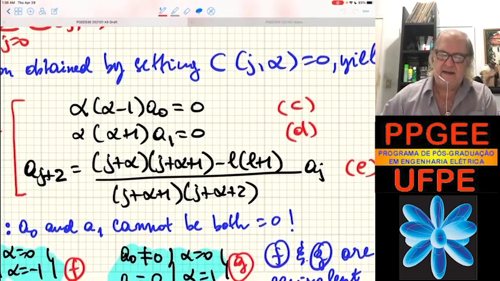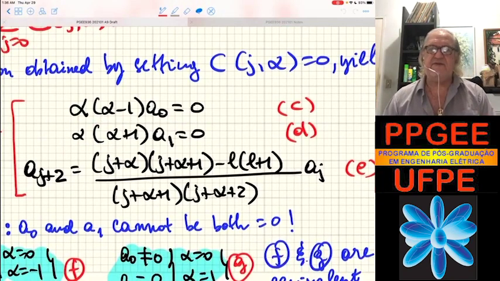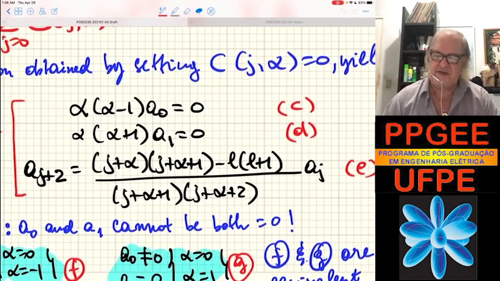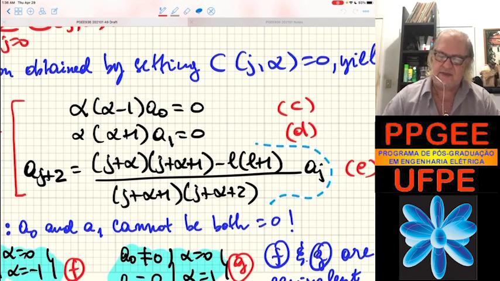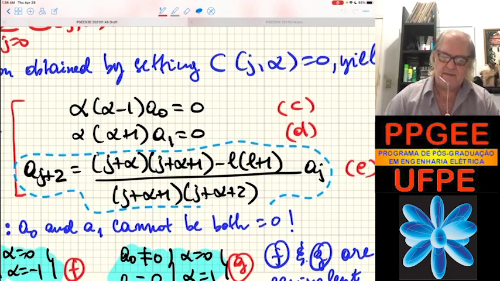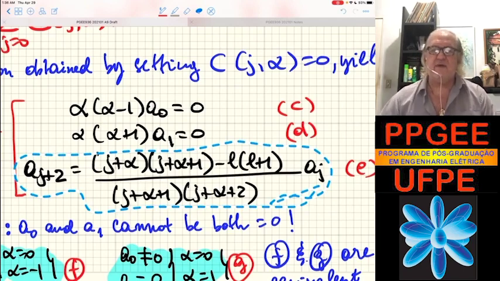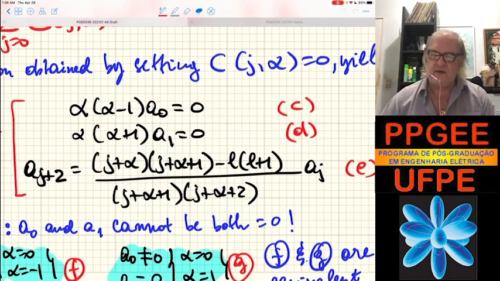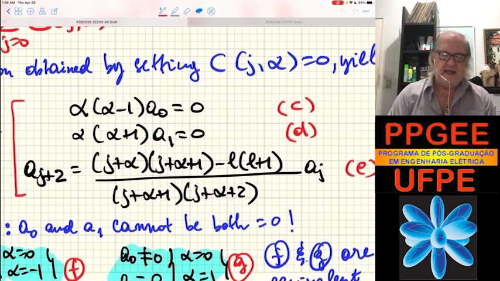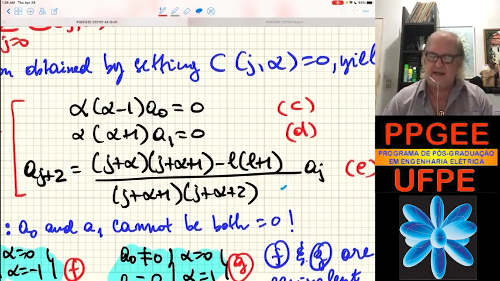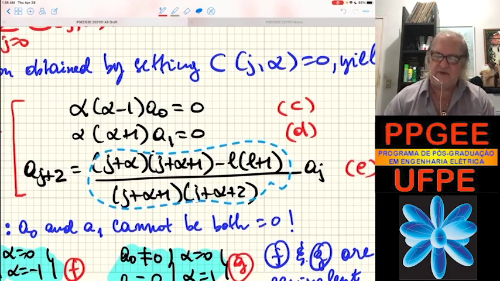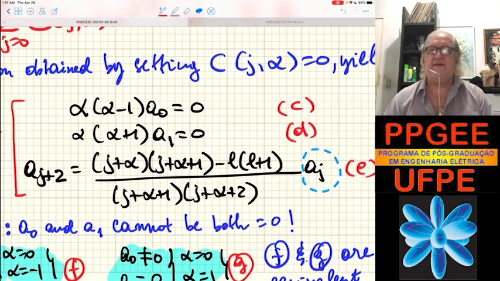And then, if j is larger than 1, you have a general recurrence relation, which is this one here. Okay? So I have that recurrence relation. Just look at the structure of this, okay? The coefficient at j plus 2 is related to the coefficient at j, right?